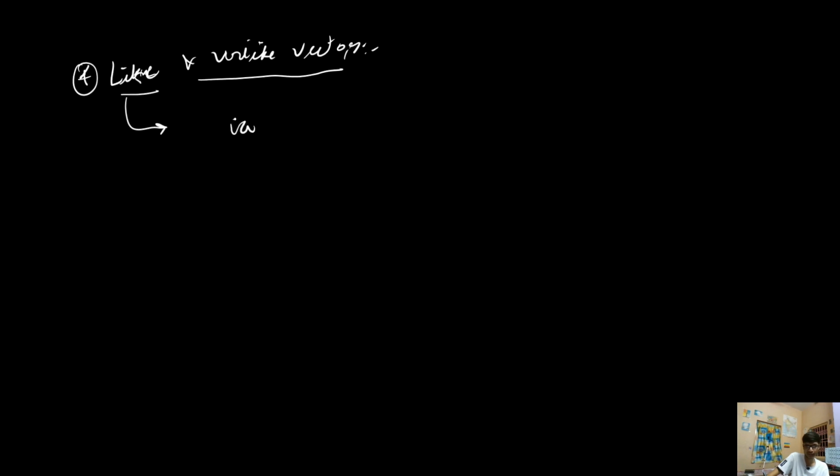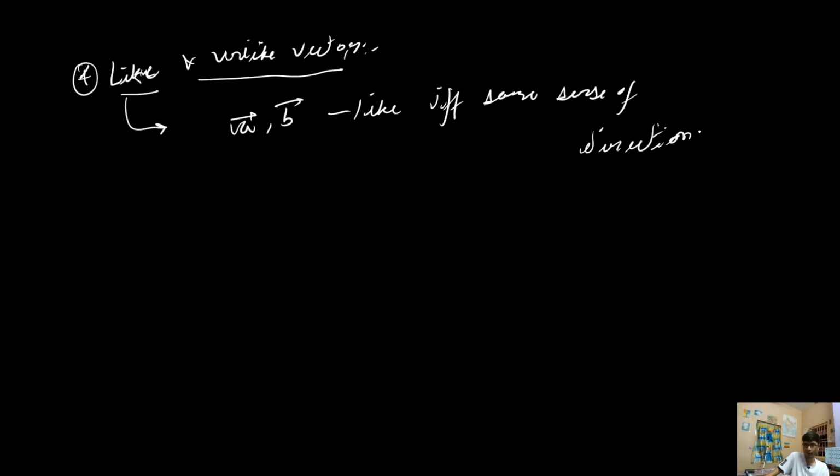For example, if I have vector a and vector b, then they are said to be like vectors if and only if they have the same sense of direction. Such vectors may not be equal in magnitude, but they have the same sense of direction.